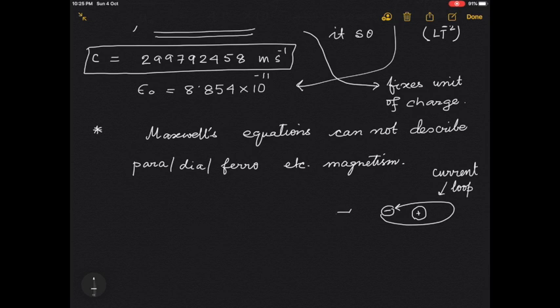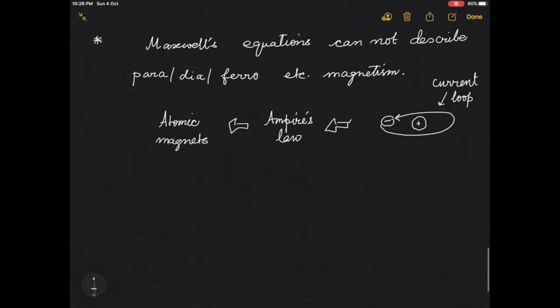And I may be able to use that with Ampere's law to get atomic magnetism. You probably have seen in books it's being described like this.